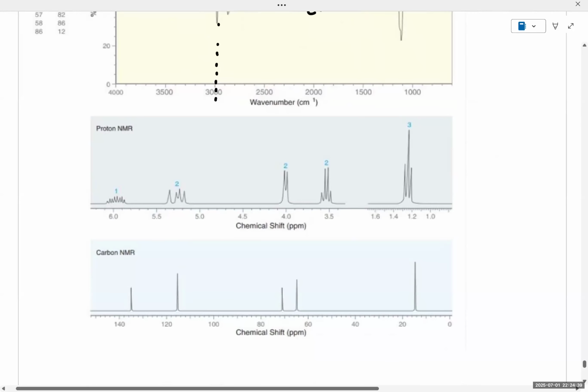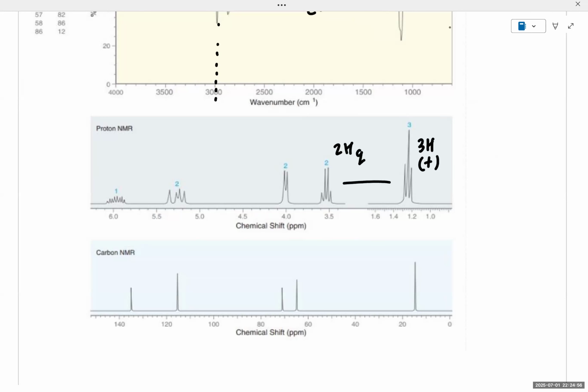Okay, let's take a look at the proton NMR. We have 3, 4, 5, 6, 7, 8, 9, 10. So all of the protons are accounted for. We have a 3-hydrogen triplet, a 2-hydrogen quartet. So that suggests these 2 protons are adjacent.